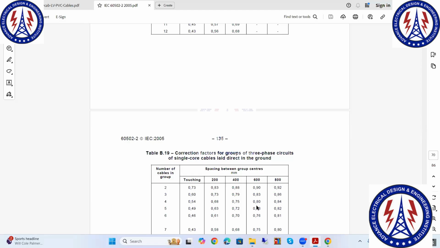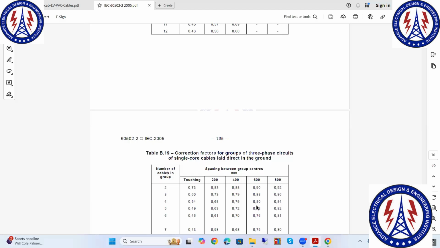It is only for the single core cable. If you are using the single core cable at the input side, you should use trefoil formation. If you are using it at the output side, you should use trefoil. It is applicable only for the single core cable, either on both input or output, either both or at one side.